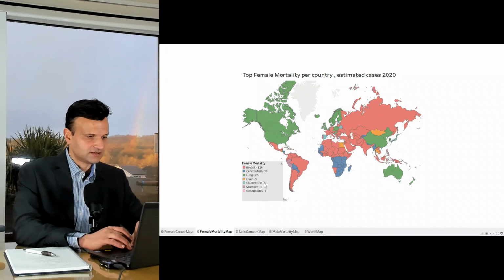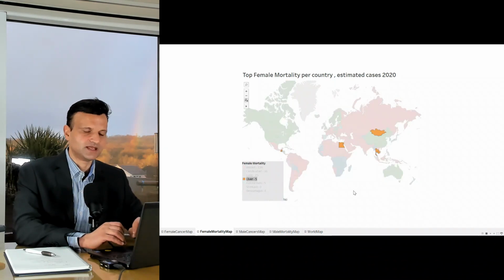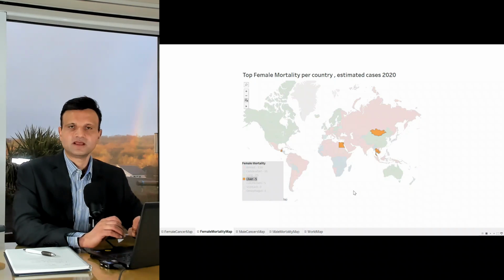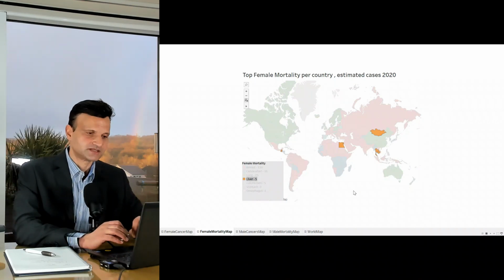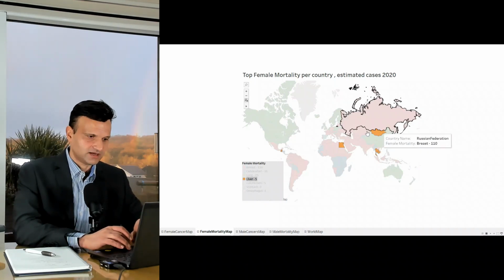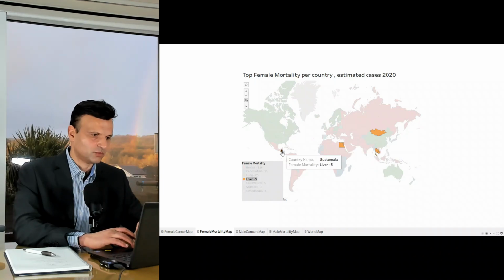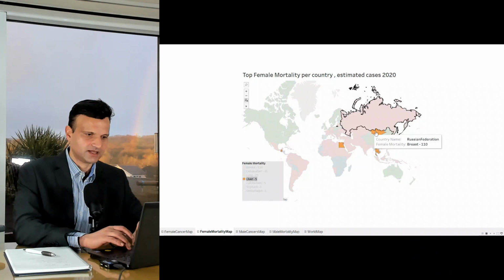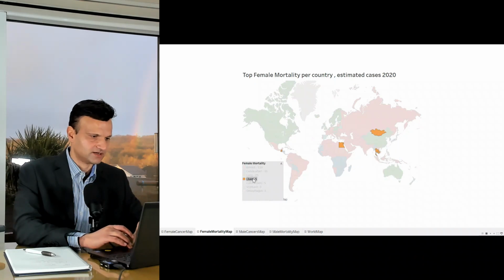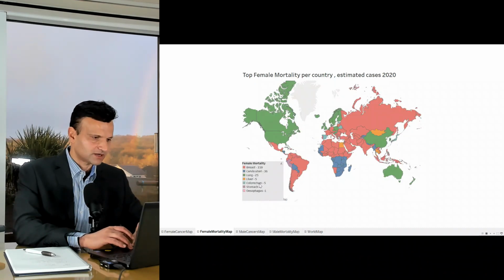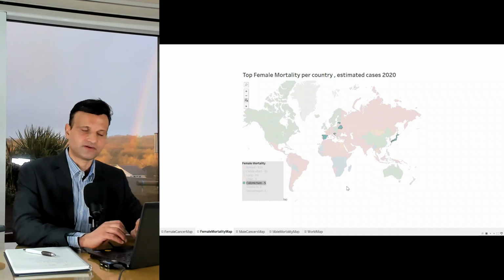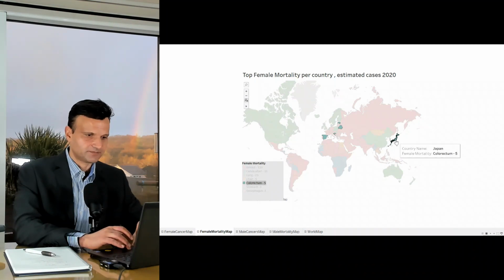After lung cancer, liver cancer is the top reason for mortality in female patients in 5 countries: one in Africa, one in South America, and the rest in Asia. Then colorectal cancer, again in 5 countries, that is Japan, Asia, and some of the countries of Europe.